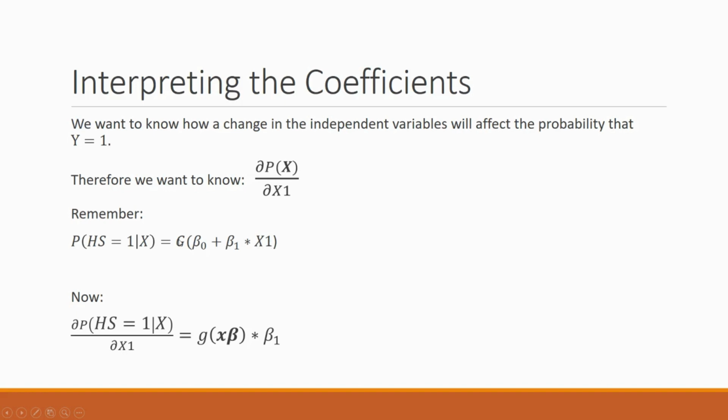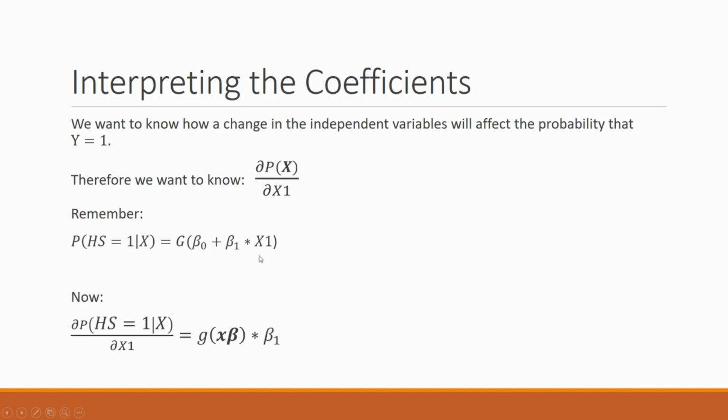And so when we take the derivative, let's do that. We can take the derivative of the probability with respect to x1. How does a change in x1 affect the probability that the dependent variable will be equal to 1? That's what we want to know.